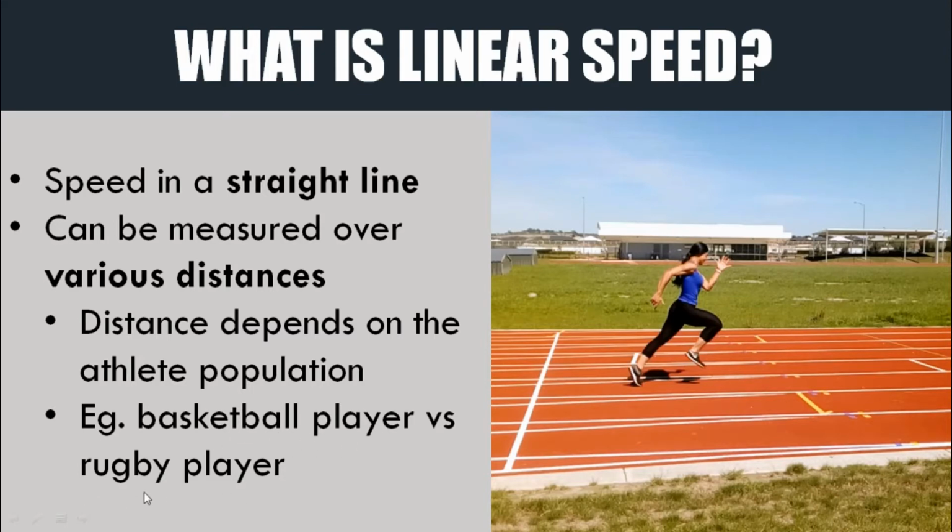Whereas a rugby player, they have a field of 100 meters in length, which means that they're likely to run much greater distances throughout the game, and higher speeds are probably going to be more applicable and appropriate and important for an athlete who plays rugby. So it's going to be dependent on the athlete, what sport they play, and what distances they typically cover in their sport.